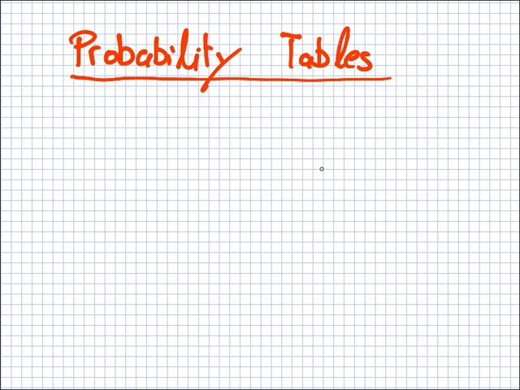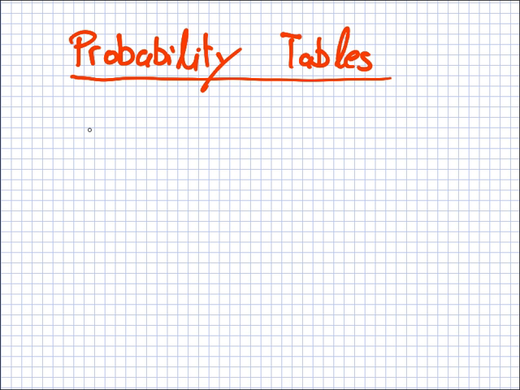Yeah, okay. Right. Okay, so what we're having a look at now, probability tables. Often, to be more realistic, when we're looking at probabilities, different events have different outcomes or different likelihoods.